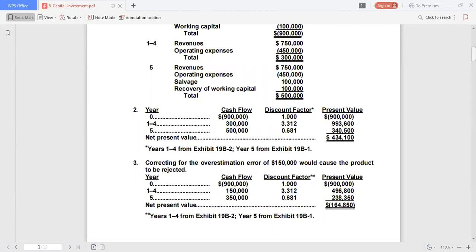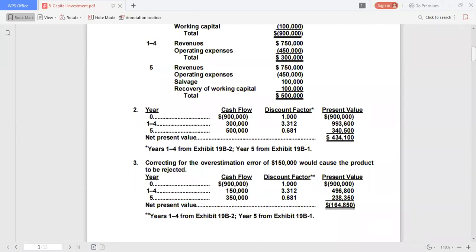Negative, since it is an outflow. From years 1 to 4, as computed above, we have the net cash inflow of 300,000. Considering that is for a period of 4 years, the discount factor is 3.312, which is found in your present value table.